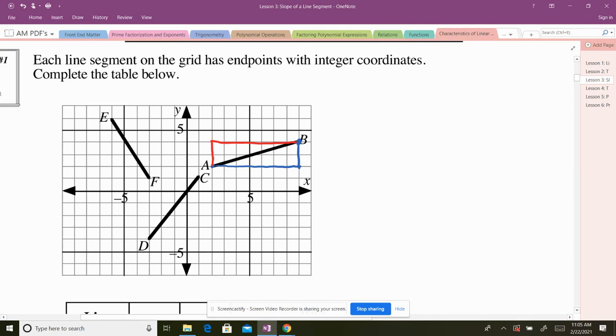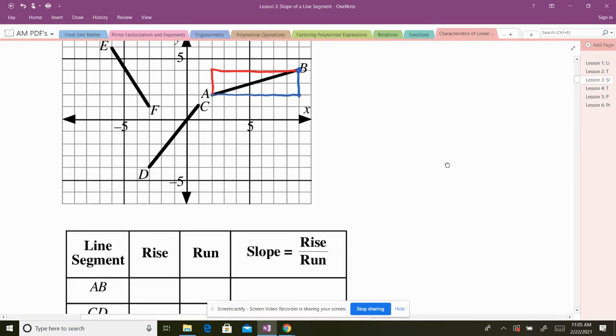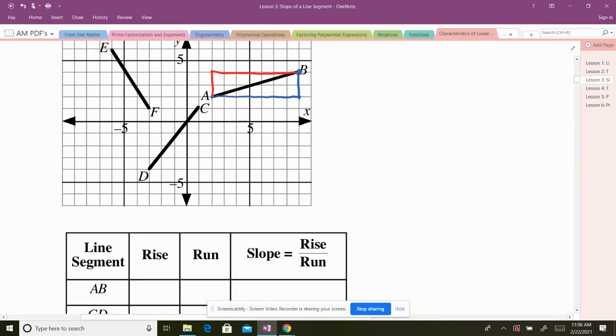Okay? So I'm going to do the blue triangle first. Now, you pick a starting point. It doesn't matter if you start at A or you start at B. What do you want to start at? A. Okay, so we start at A. You follow the blue lines.